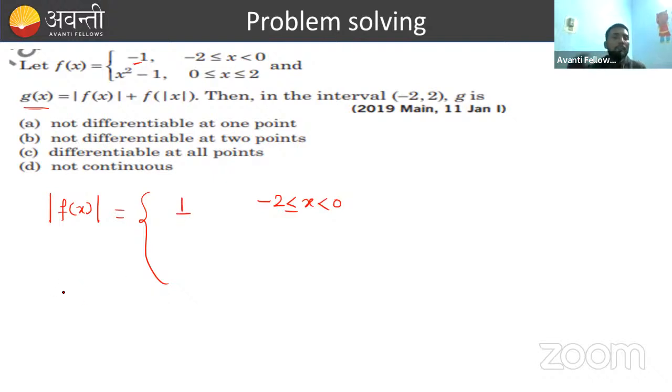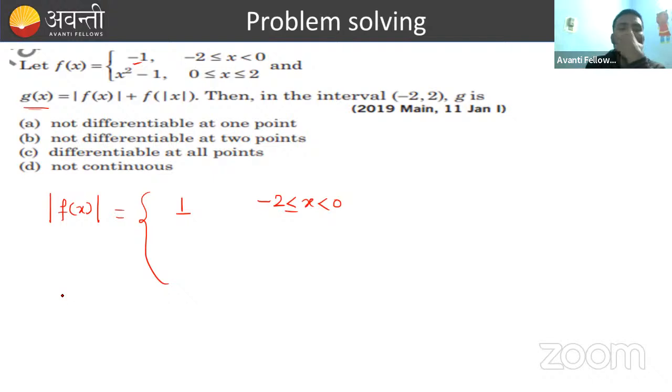But from 0 to 2, there is x square -1 going inside the mod. So first we check whether it is negative or positive, because this is the property of mod. -1 is clearly negative, so they have made it 1.